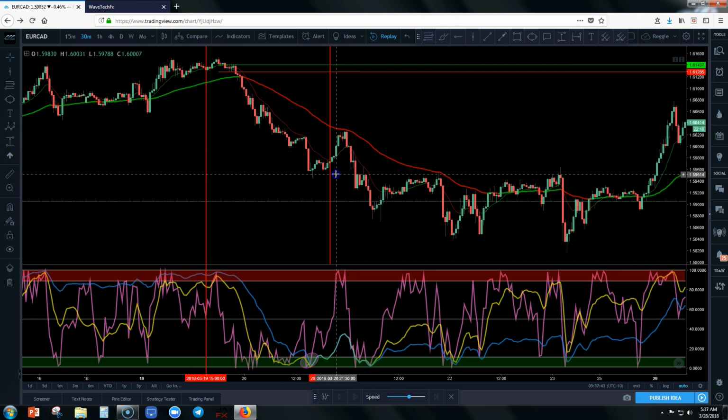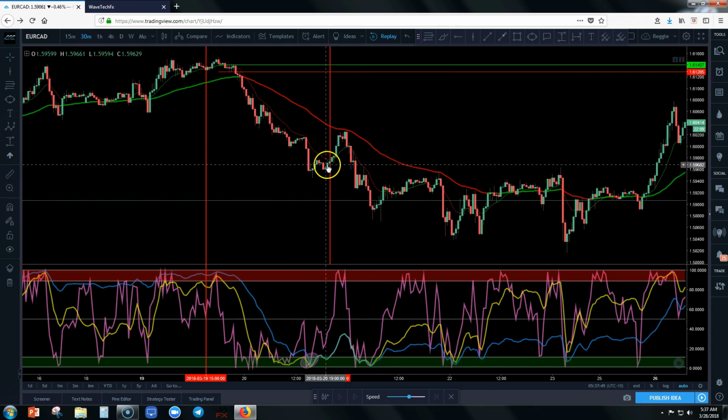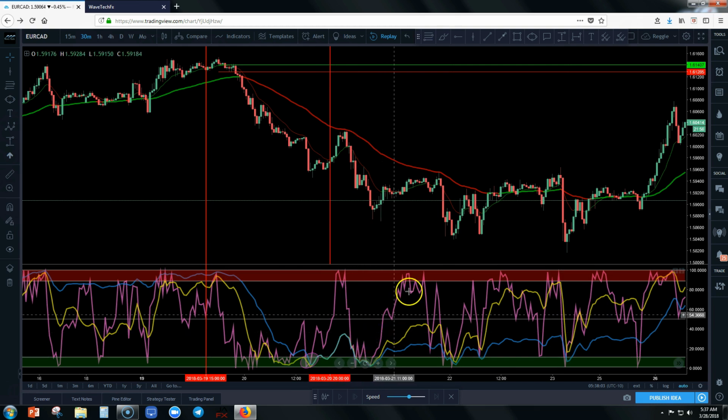how many pips we got here? 75 pips. But we would have exited at the flip of this small moving average. I like to point out as well that this pink line here is going to be a very valuable line that I like to watch.